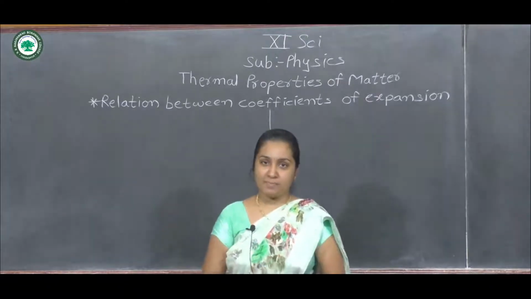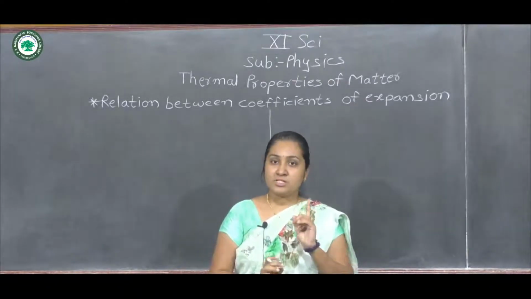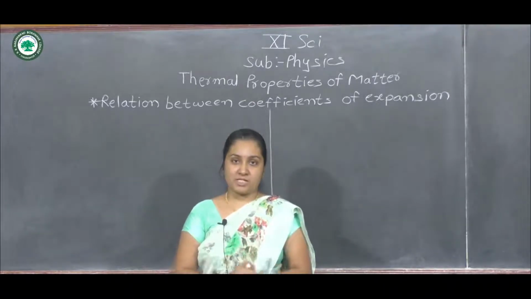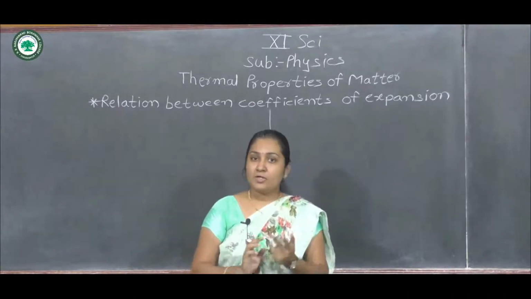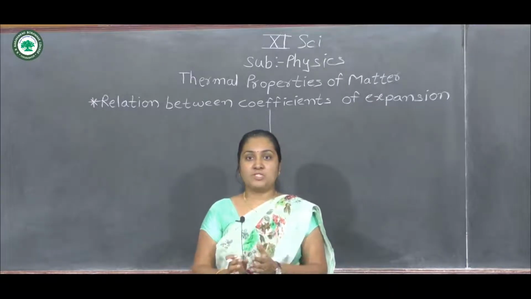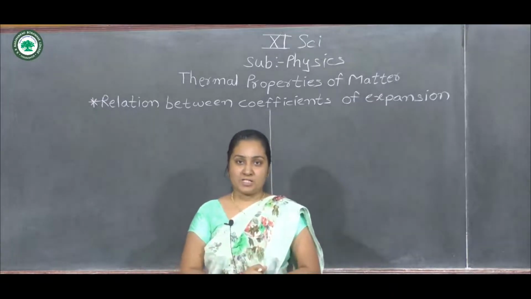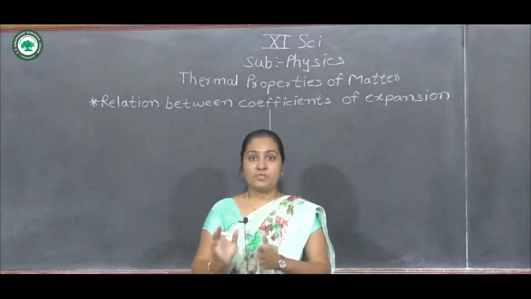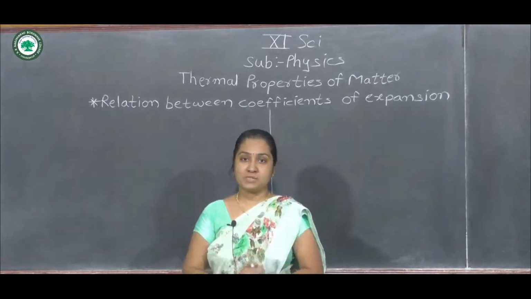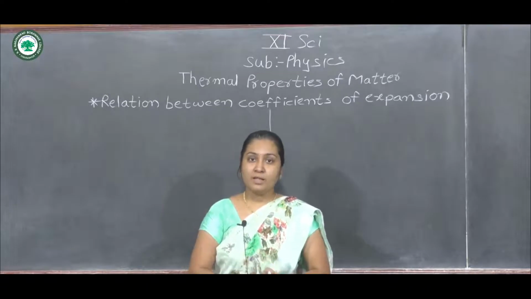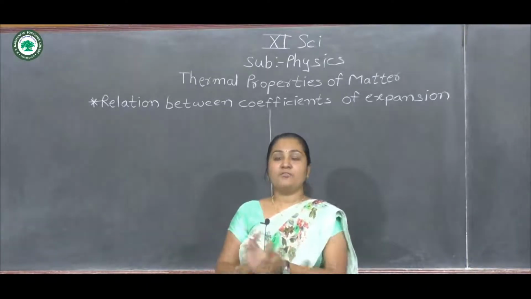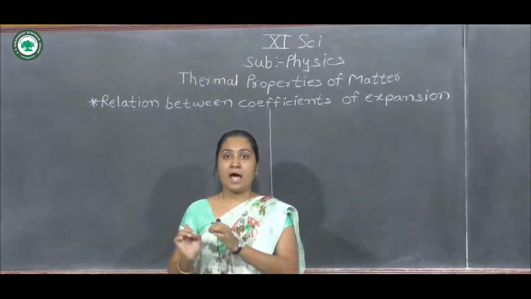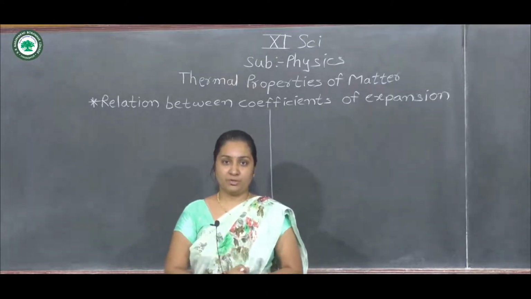First is the coefficient of linear expansion, second is the coefficient of areal expansion, and the third is the coefficient of volume expansion. These 3 coefficients are denoted by alpha, beta and gamma respectively.